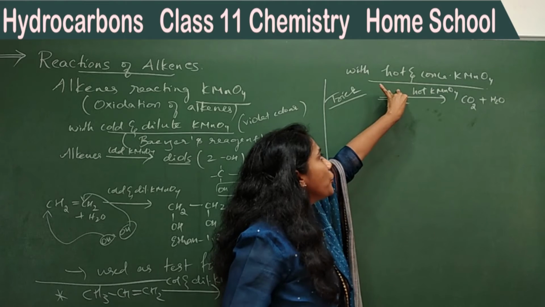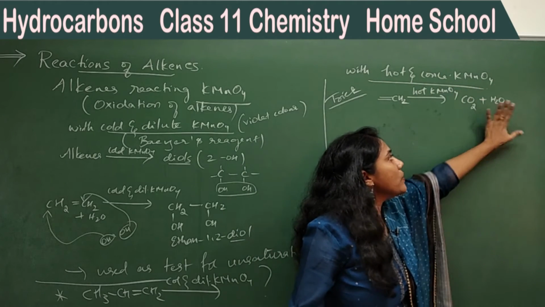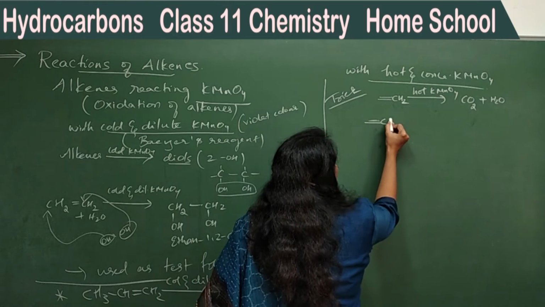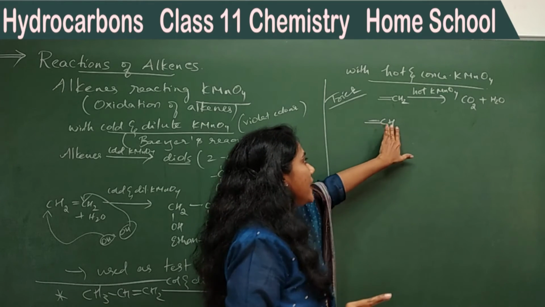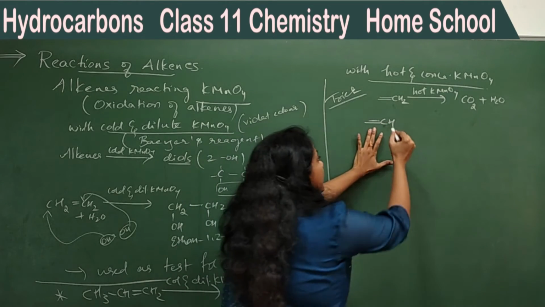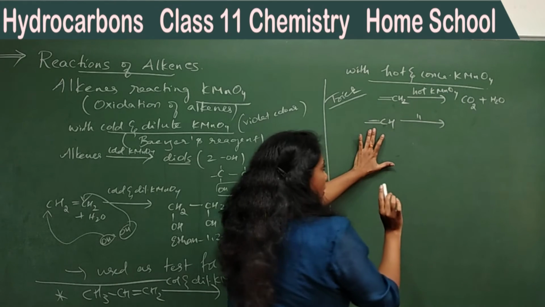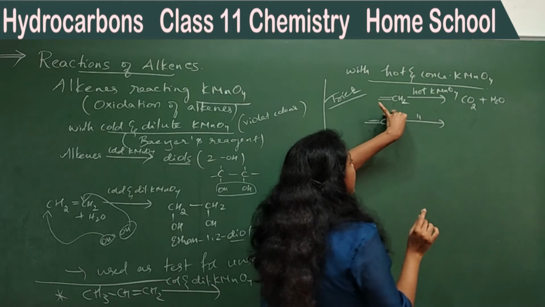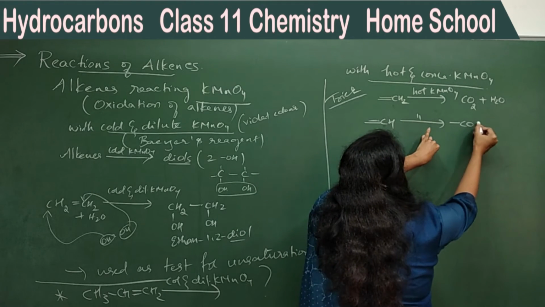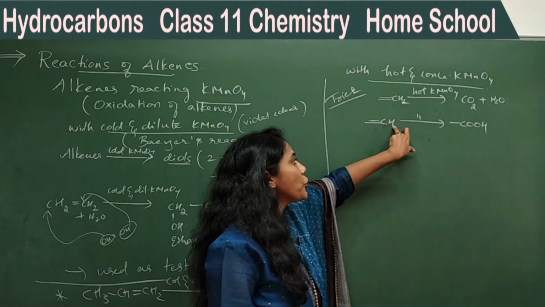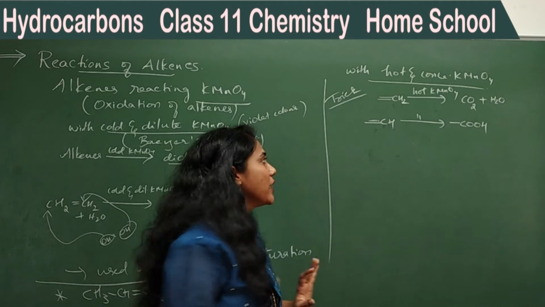Okay, so this group always gets converted into CO2 plus H2O. Fine. Suppose you have this group in an alkene, =CH with a double bond. On treating with hot and concentrated KMnO₄, this gets converted into a COOH group, guys. Okay, so this CH group gets converted into COOH.